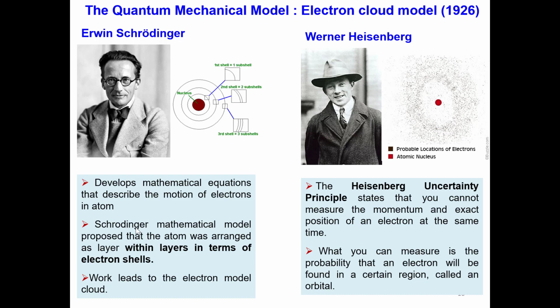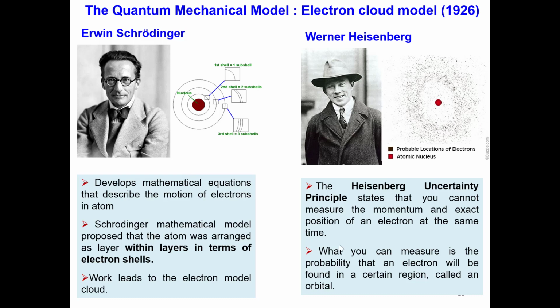Then Erwin Schrödinger developed a mathematical model that proposed that the atom was arranged as layers within layers in terms of the electron shells. And later, Heisenberg proposed another model.